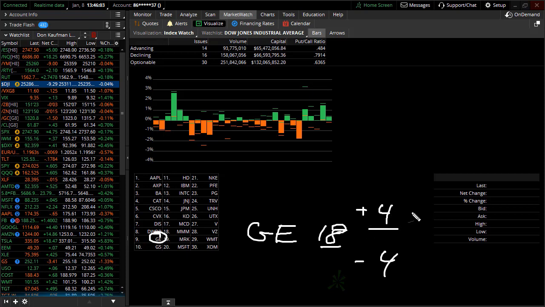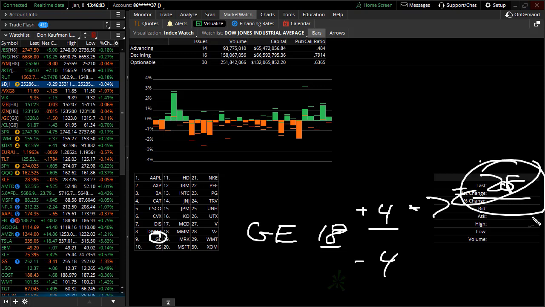But a 4-point move, then multiply it into the Dow Divisor and so forth, is equivalent to about 7 Dow points. If GE were to move on a percentage basis, well, $4 is huge. You know, when you start talking about like 20% moves, a 20% move in the stock only influences the Dow by about 4 times 7. It's somewhere in the neighborhood of about a 28-point move in the Dow, which is what? Fairly negligible, right?